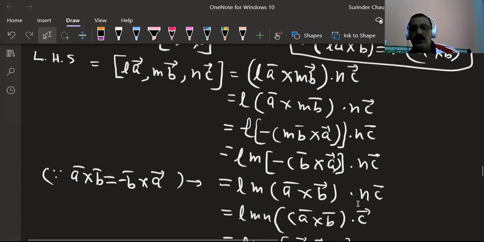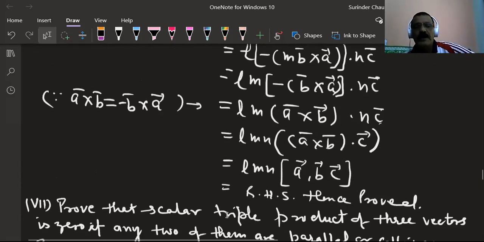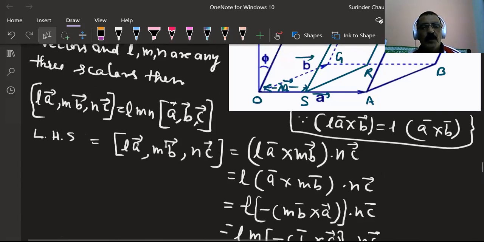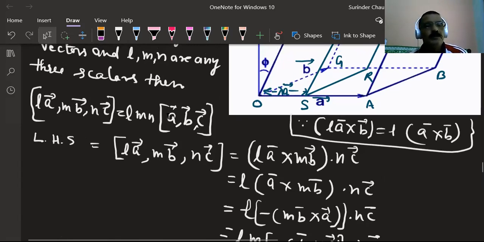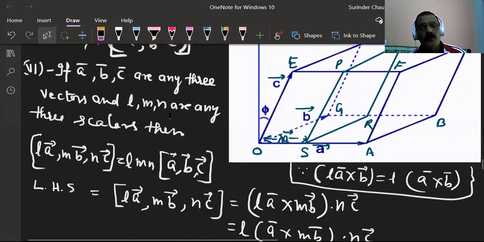So N is a scalar, and a scalar can be taken outside. Similarly, computing, this implies LMN into A cross B dot C. So this is equal to, by definition of the scalar triple product, LMN times the scalar triple product of ABC. The conclusion of this property is, if in this property you take M equal to 1, N equal to 1, this property will become the fifth property, the same fifth property.